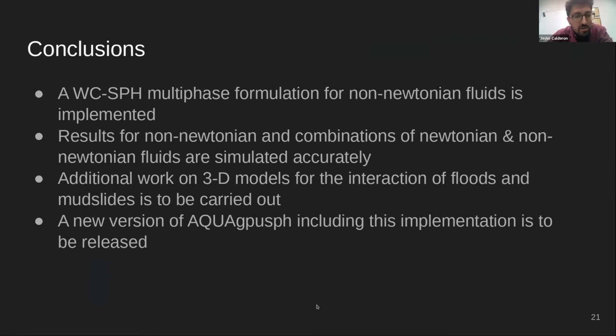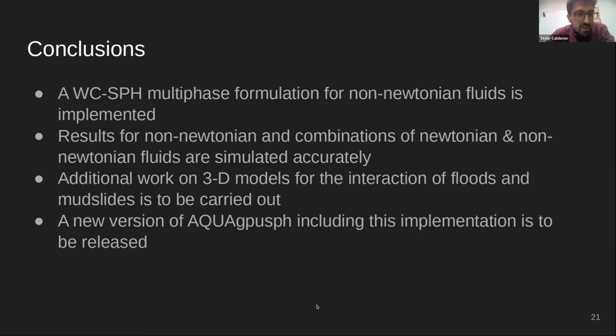We managed to get accurate results for both non-Newtonian and combinations of Newtonian and non-Newtonian fluids for 2D cases, and we are currently working on the 3D model for the interaction of floods and mudslides, and we hope to have results in the near future.